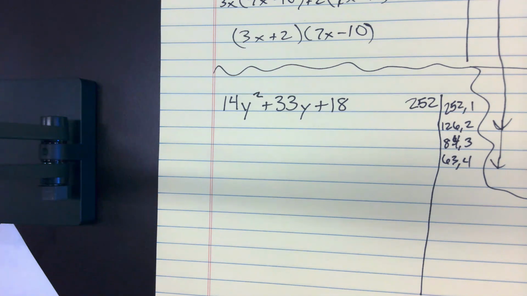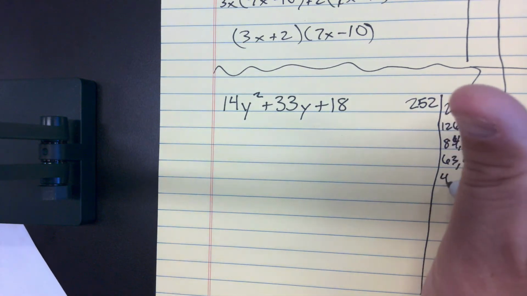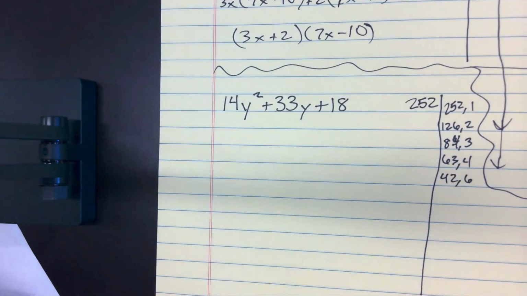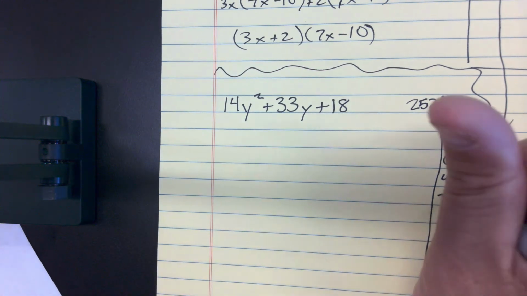That actually goes in evenly. 42 and 6. Does 7 go into it? It does too. 36 and 7.